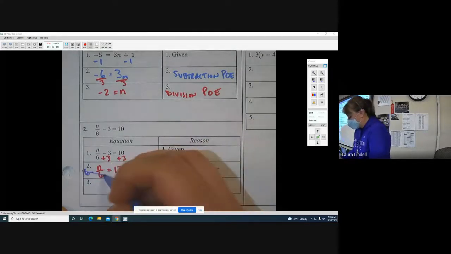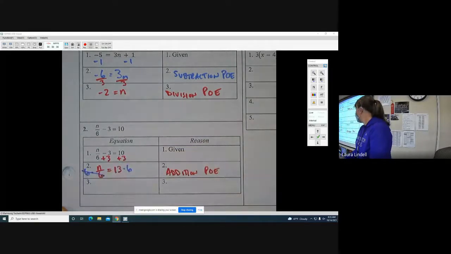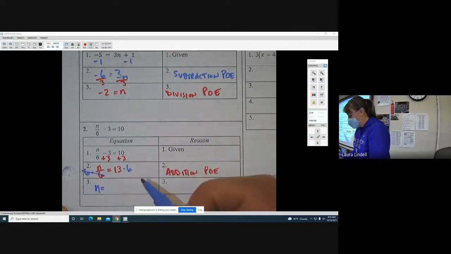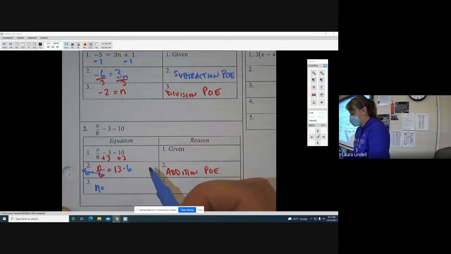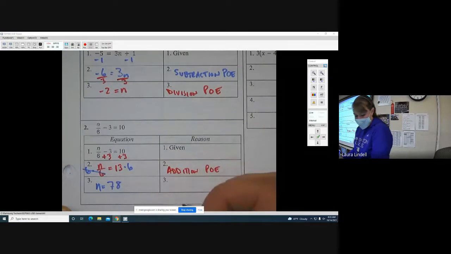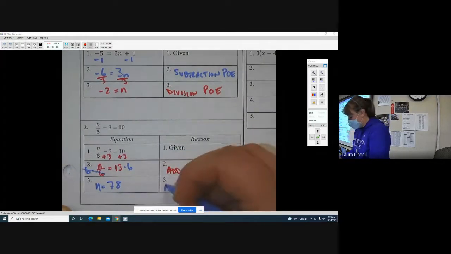So the 6's cancel over here. What is that? Yep, that's going to be multiplication. So n equals 78, and that's multiplication.